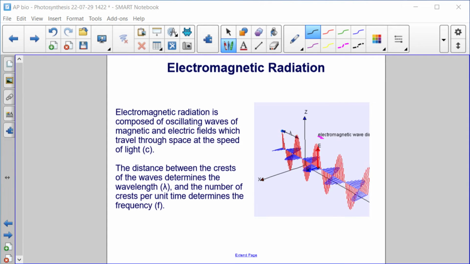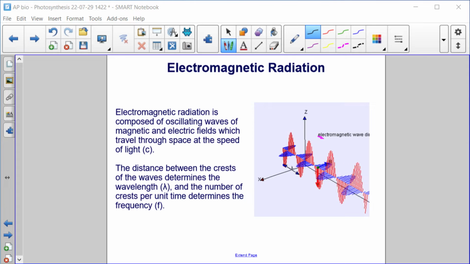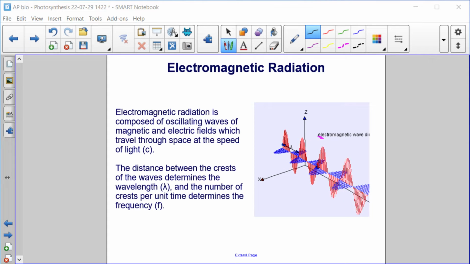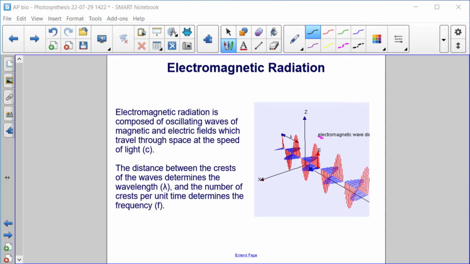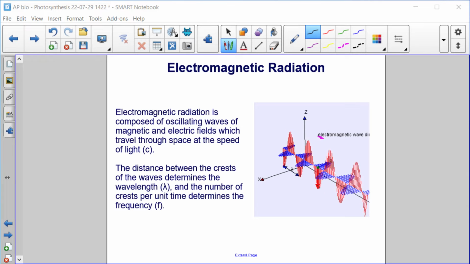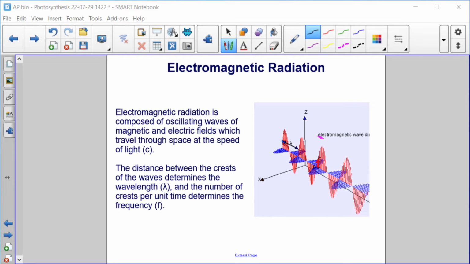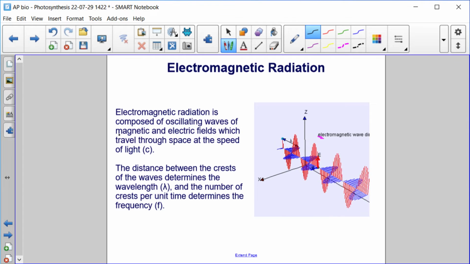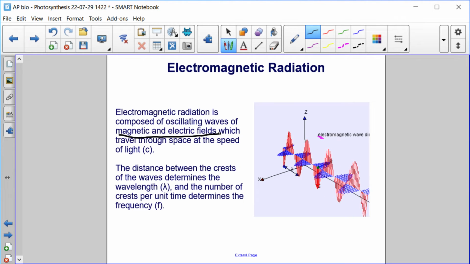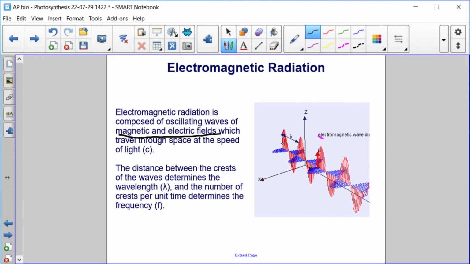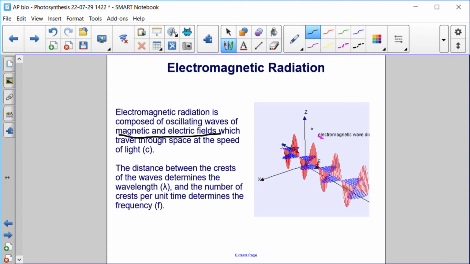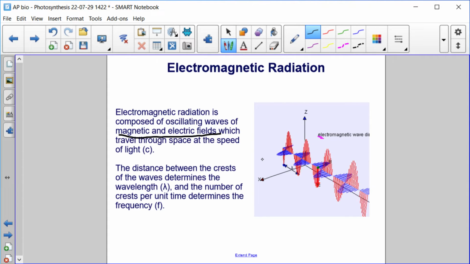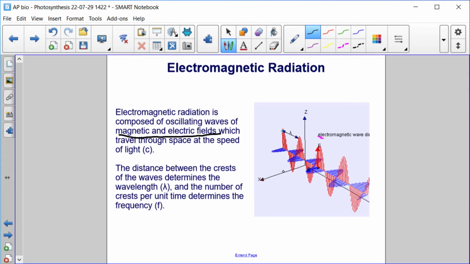On the previous slide, we said that photons are tiny packets of electromagnetic radiation. Well, what is electromagnetic radiation? It is oscillating waves of magnetic and electric fields. You can see one of the waves in red oscillating up and down, and the other in blue oscillating in and out of the page.